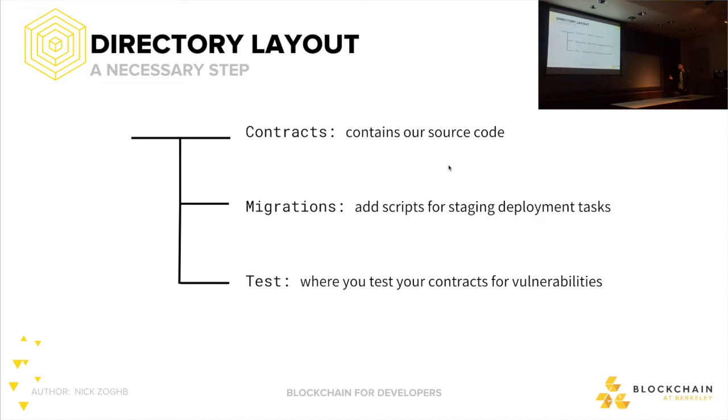Migrations are ways of doing version control, basically, on the blockchain. Because if you think about it, you deploy your product today on Ethereum. Your needs change tomorrow. And as a business, you need to adapt with the market, with your own customer base.